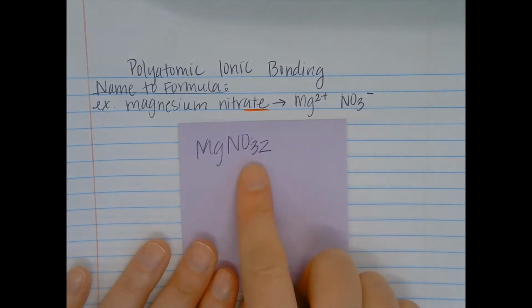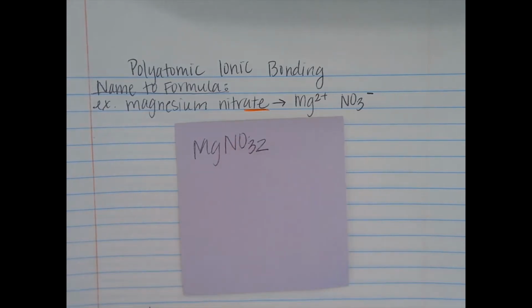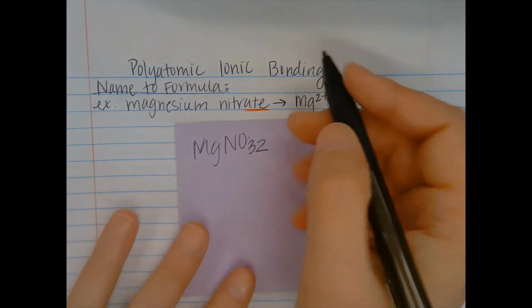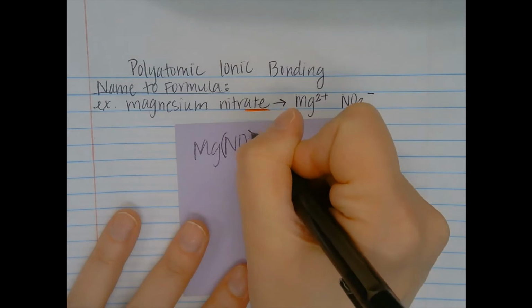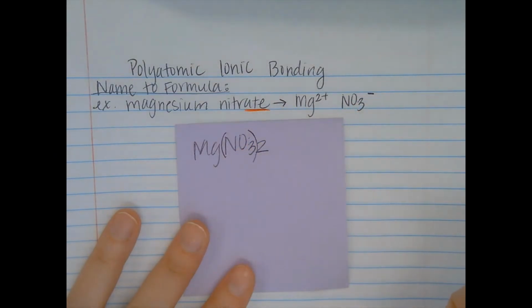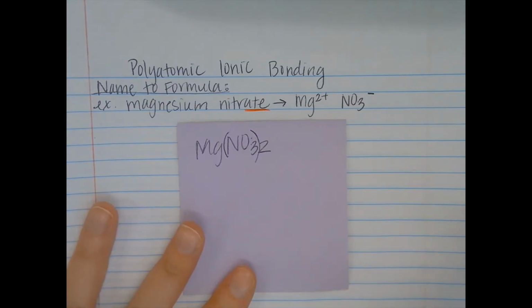Because what this is saying is that we have 32 oxygens. Is that right? No, we need 2 nitrates. And so to show that I need 2 nitrates, I'm going to use parentheses. Isn't that what you do in math? Don't you use parentheses when you need to show you have 2 of a group or 3 of a group?